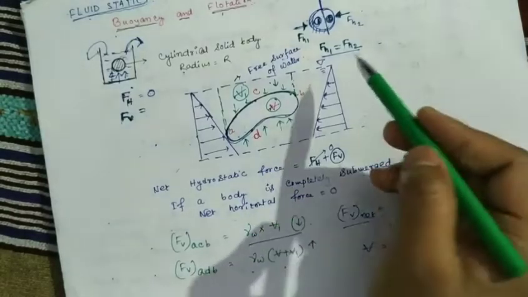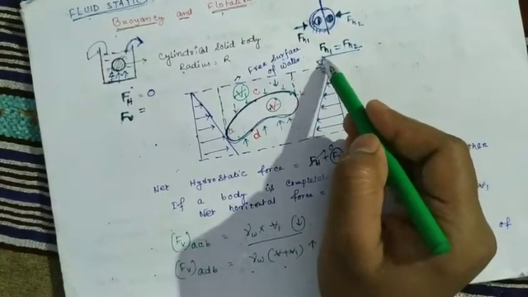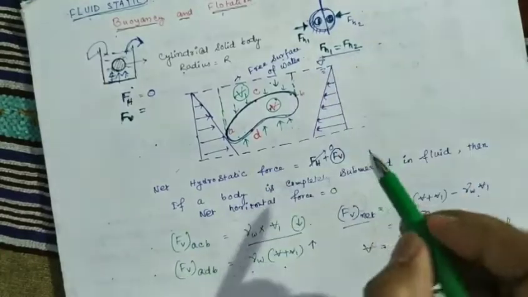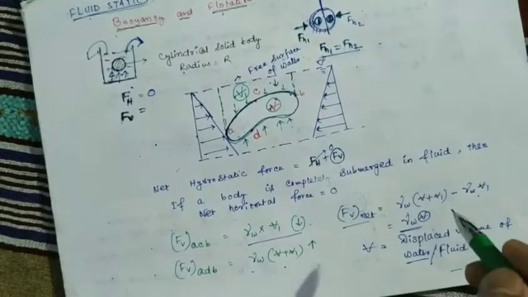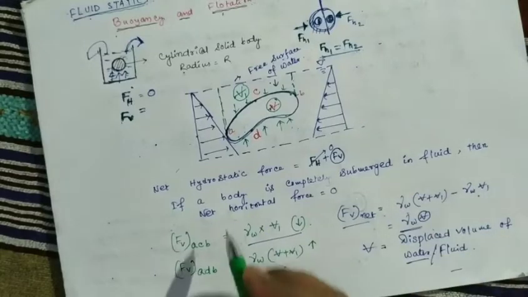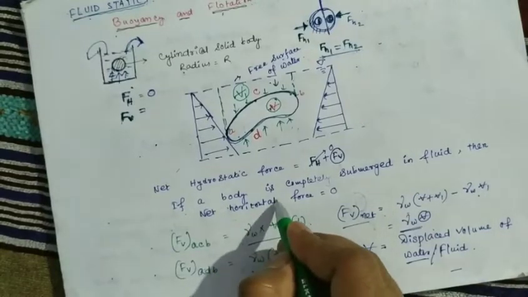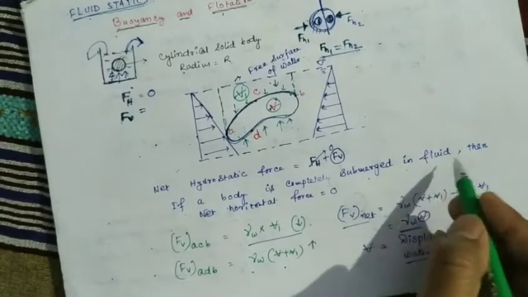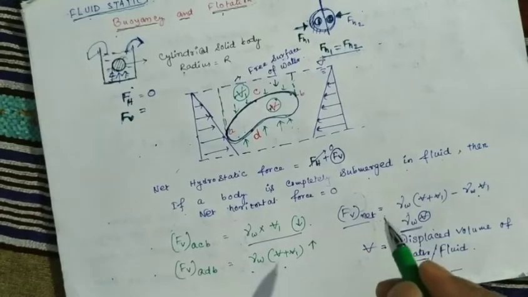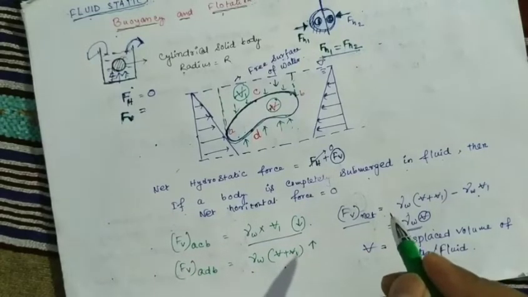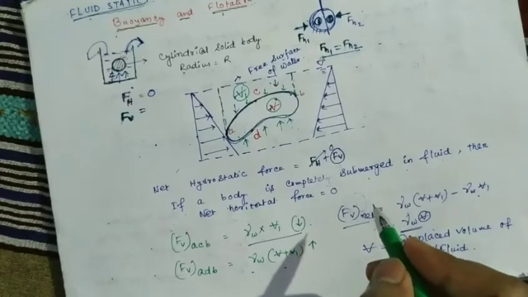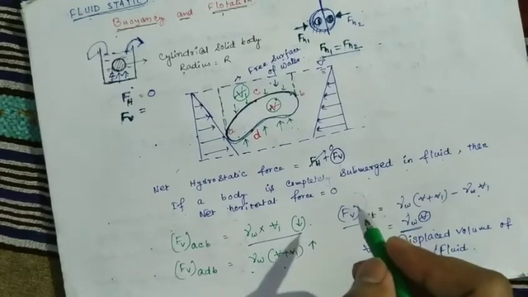But as I explained, the hydrostatic force in the horizontal direction comes to zero. So in language we can say if a body is completely submerged in fluid, then net horizontal force is zero. So that's the way horizontal force will be neutralized.